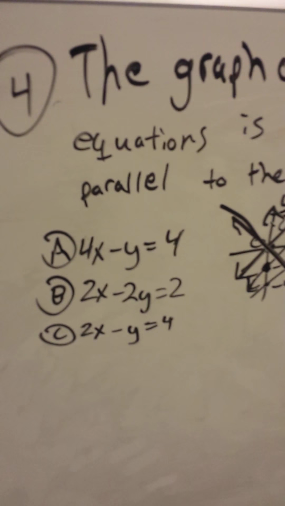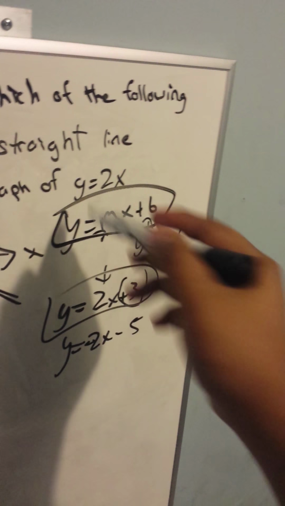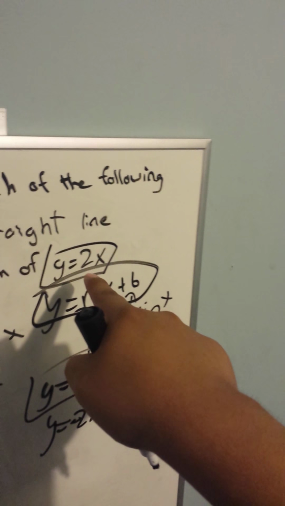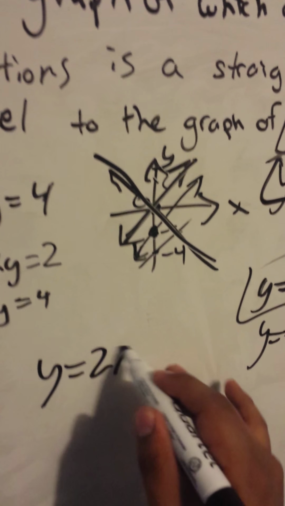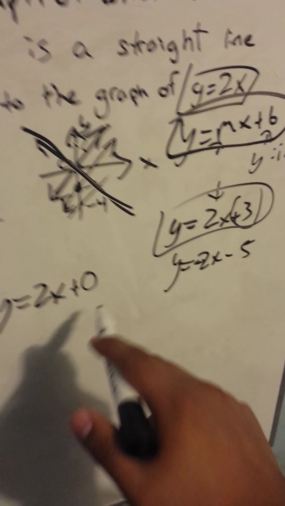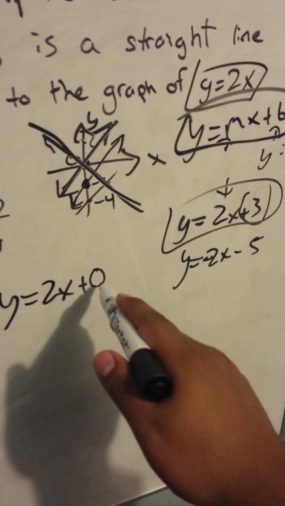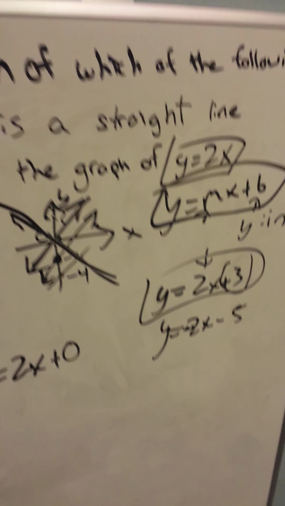So what we have to do is isolate the y, put the mx first, and then the y-intercept. If you notice our equation, y equals 2x, that's our original line. So we're going to write that y is equal to 2x. Well, technically it's y equals 2x plus 0. So that means that our y-intercept is going to be on the center of the Cartesian plane, the center.